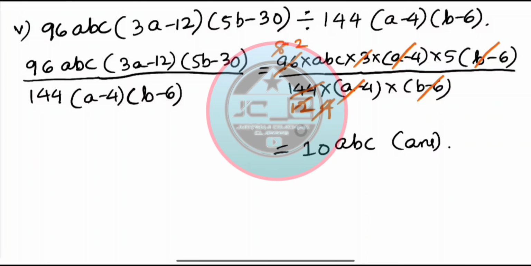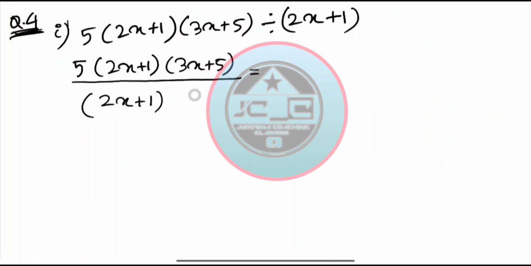the next one. Now in this question, it is a very easy one for us, that directly we can get the cancellation process working. Like this got cancelled, we are left with 5 into (3x plus 5). This is the final answer. Let's move to the second one.